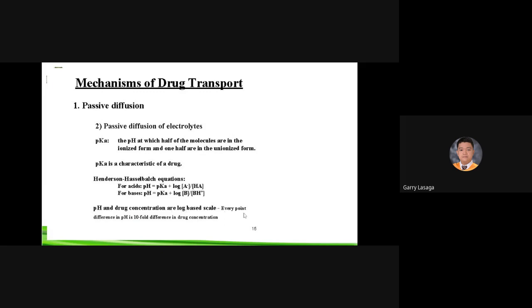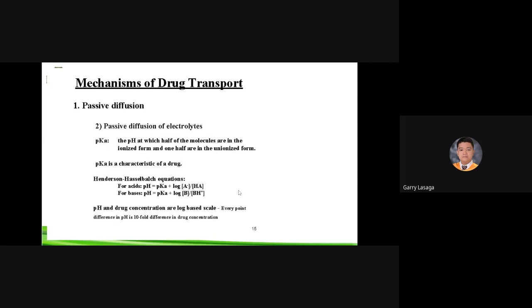So when we say every point difference in pH, for example, the pH is 1, 2, 3, 4, every 1 point difference in the pH of the environment will also increase or decrease the percent or the proportion of the drug that is ionized and unionized in tenfold.